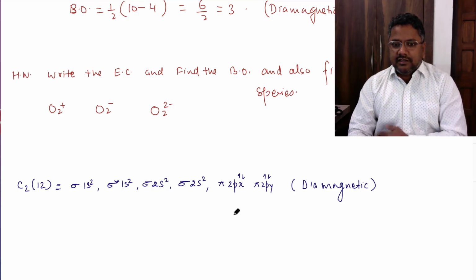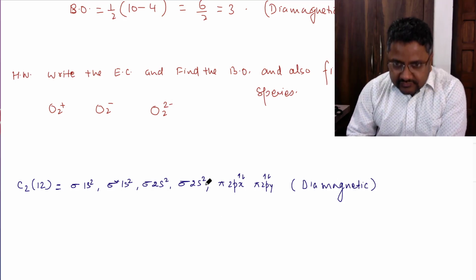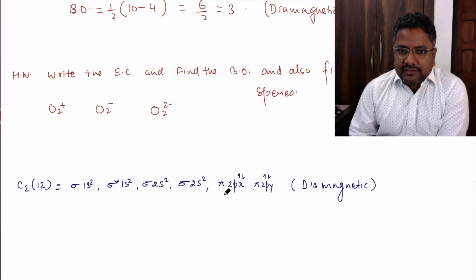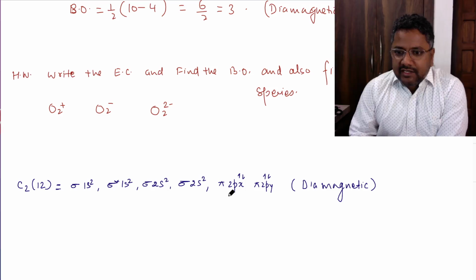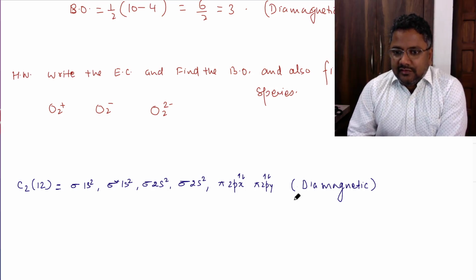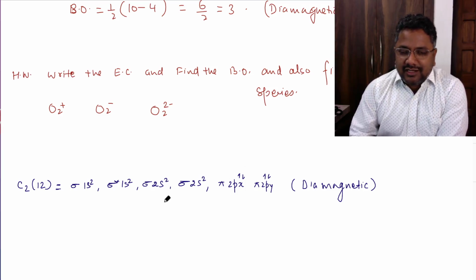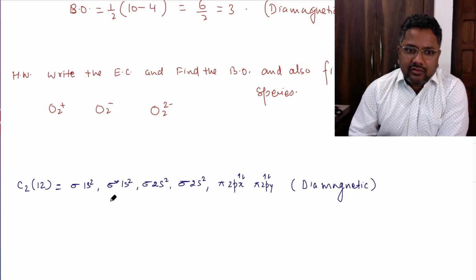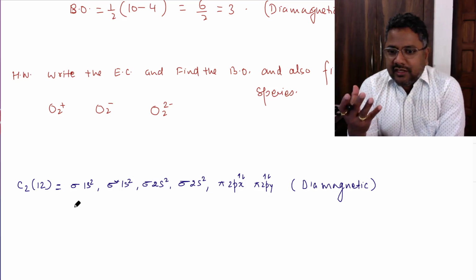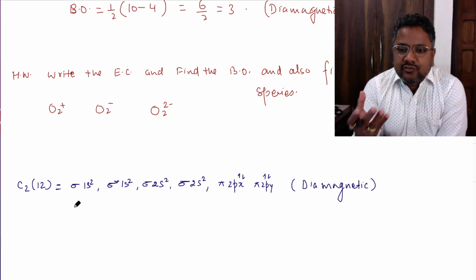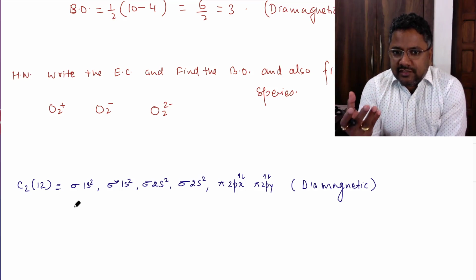What we can see here is that the pi bond is formed before the sigma bond in this molecular orbital treatment. Although we are not getting this C2 molecule, meaning this is not a stable molecule. So this is a theoretical approach.